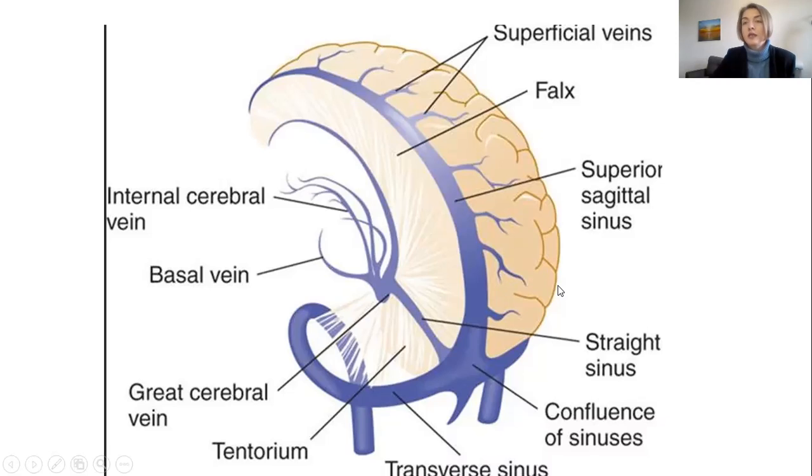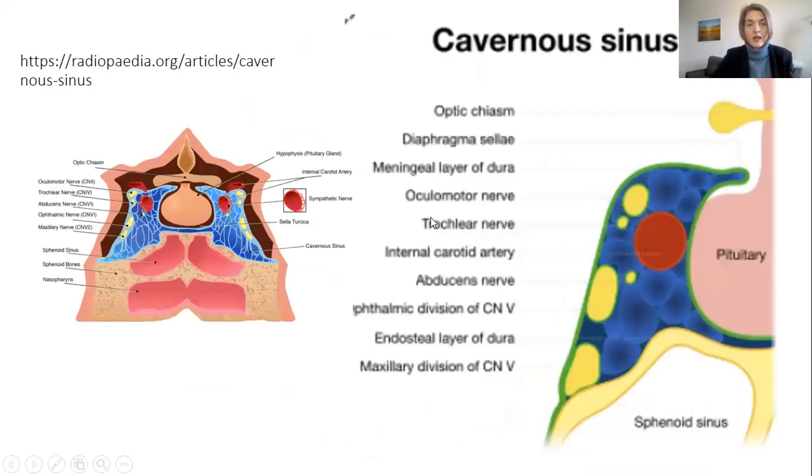Let's talk about cavernous sinus. Cavernous sinus is an important anatomical landmark due to structures that traverse it. It is a large venous plexus situated on both sides of the sella turcica.